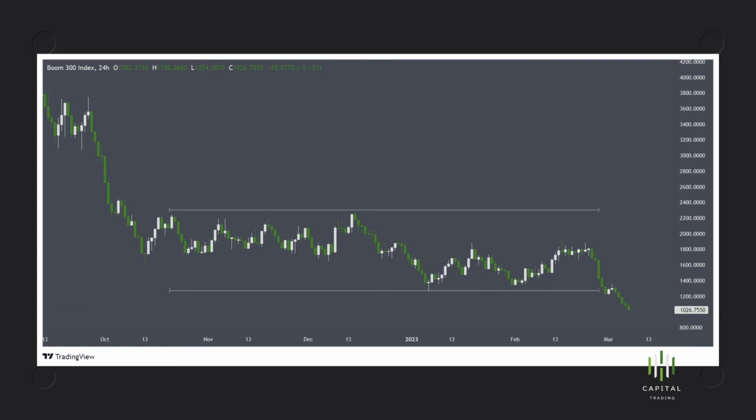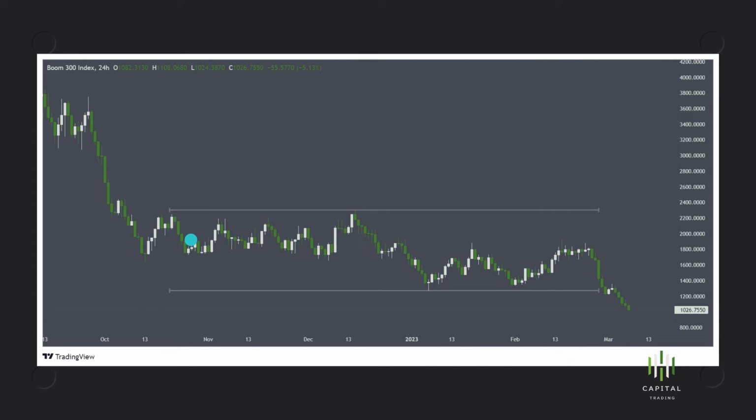On the chart, what you're seeing is boom 300, and this chart was recorded in October 2022. Current market condition, right?